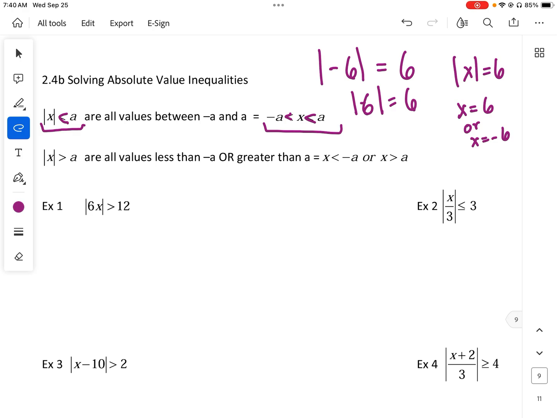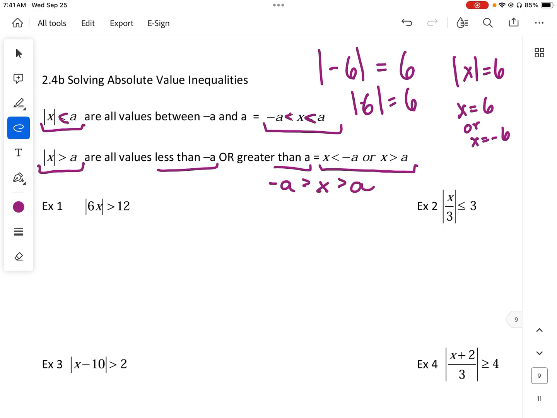Okay, so then if we have where the absolute value is greater than a, then all values are less than -a or greater than +a. So we would write it as two inequalities. You could also write this similar to the way that was written above, like -a is greater than x is greater than a.